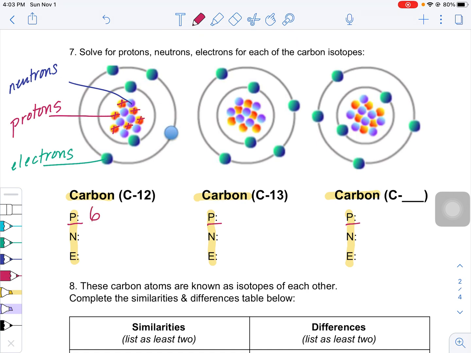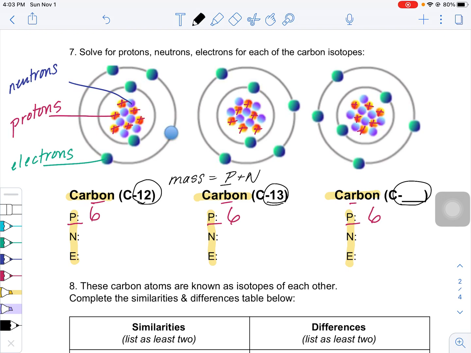I should automatically verify 3, 4, 5, 6 here, and also 3, 4, 5, 6 here. Because that's what makes it carbon. So those protons have to be consistent. But what's different among each one is this, our mass number. And you might remember that mass number is the total of protons and neutrons inside the nucleus.